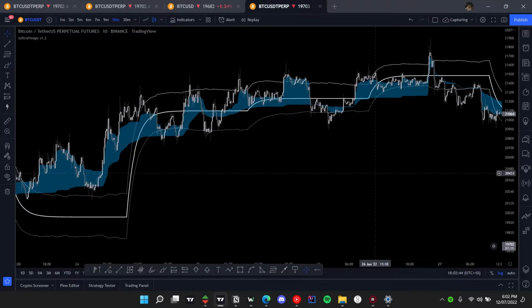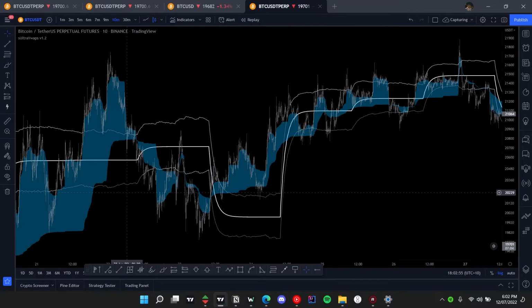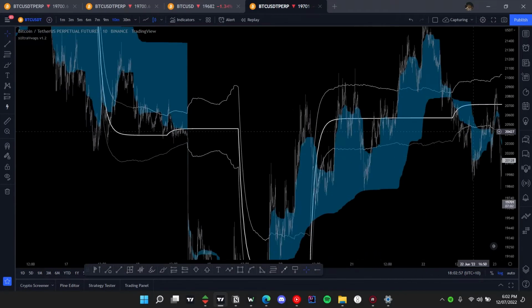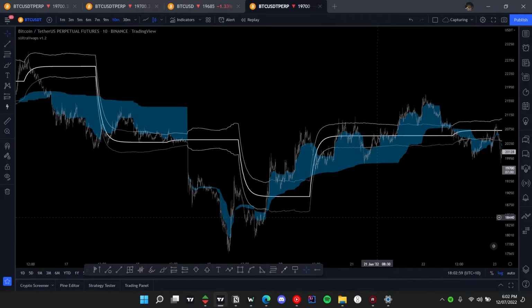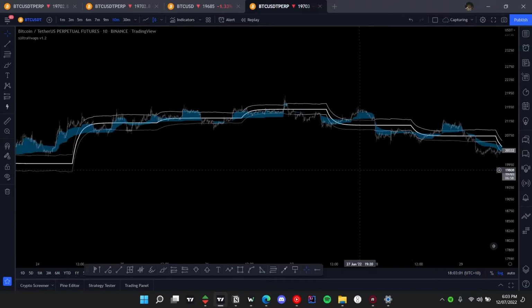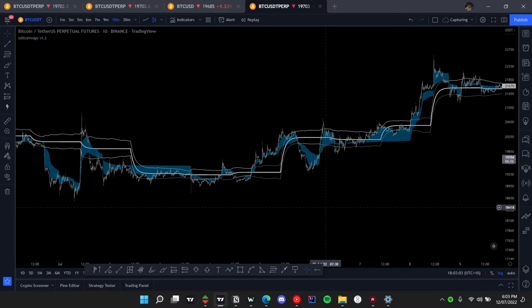So it's more of how you create your strategy, how you trade using this indicator, not how I trade. But I'll show you my personal approach to using this indicator.